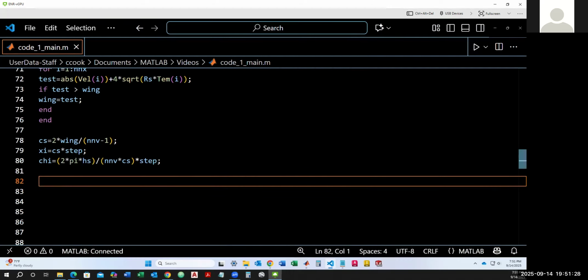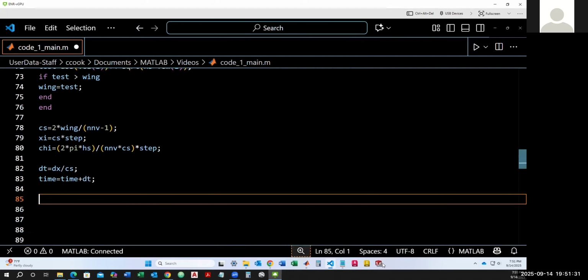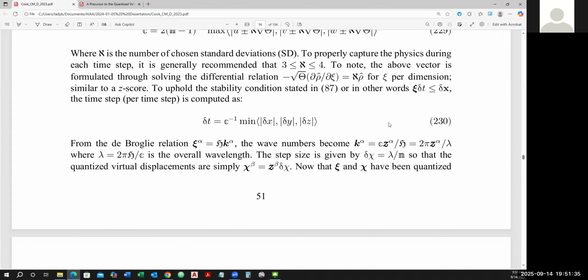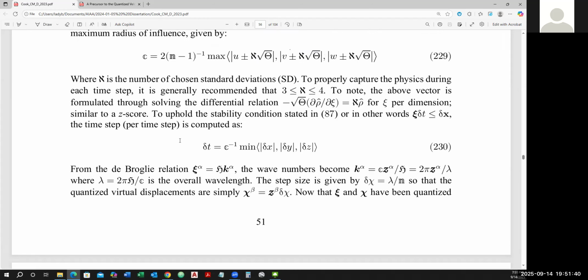Let's now compute our time step size. In my dissertation, we're going to go to equation 230 and we're going to put that in. If you have a non-uniform grid, you have to use the absolute minimum step size, whether it's in X, Y, or Z. Because if you don't, the information is going to travel outside of the domain of a space-time element.